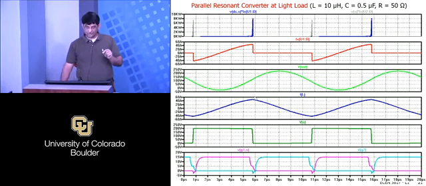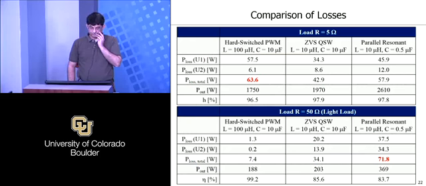And then the resonant is even worse because that is even higher ripple, and so while it reduces all the diode reverse recovery losses, the turn off loss again is higher because you have higher turn off currents, right? And your RMS currents are going to be higher, so your conduction losses will also be higher.